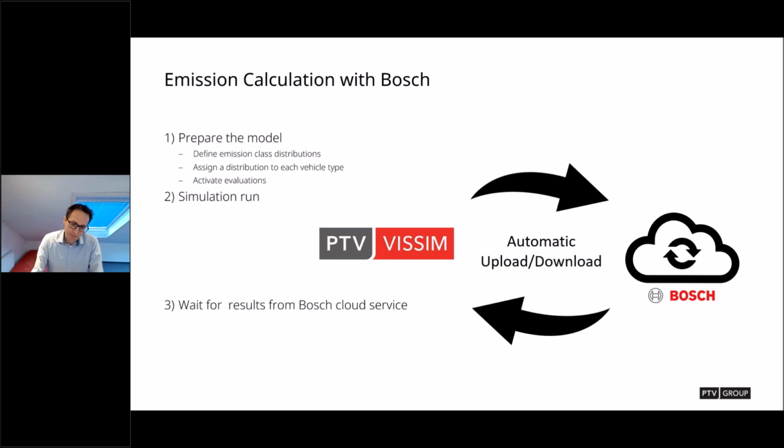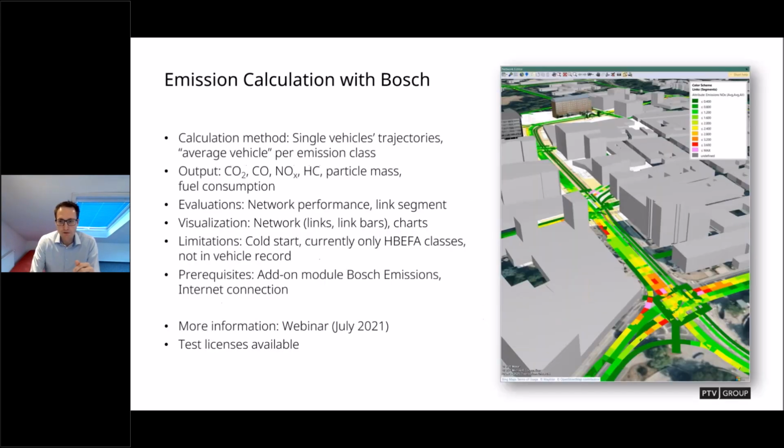It usually takes a little longer than a simulation run because of the upload, download, and emission calculation. Then you have your data in link evaluations, link segments, and also vehicle network performance, and you can visualize the result as seen on the right-hand picture. The NOx emissions in this example network can be shown like other traffic performance indicators, and you can use them in your videos.